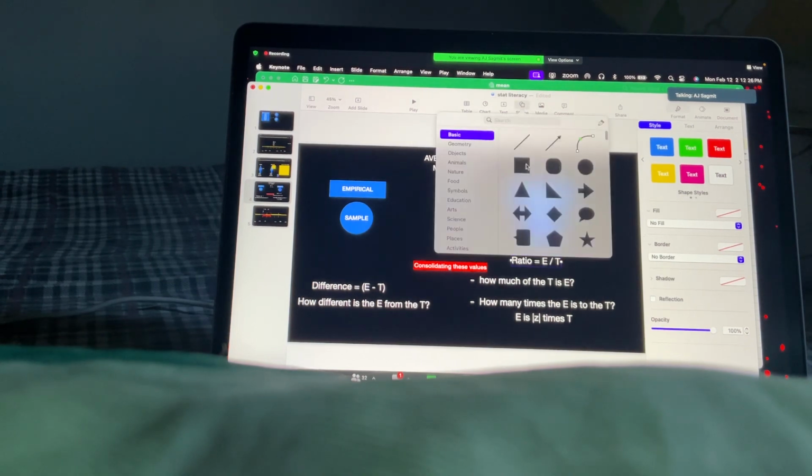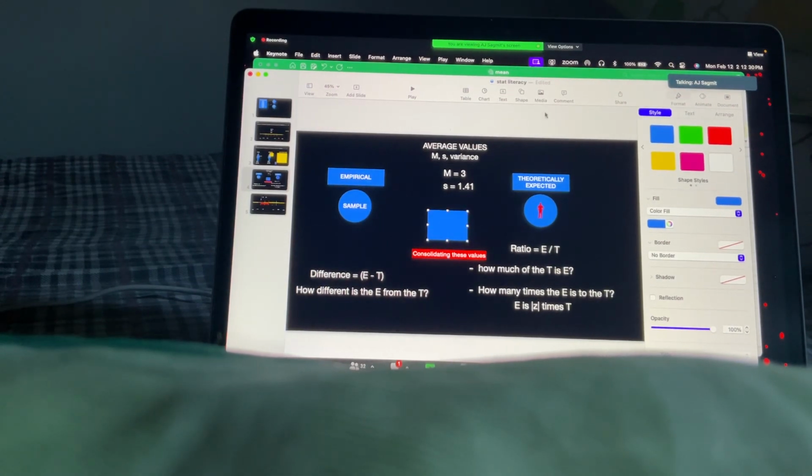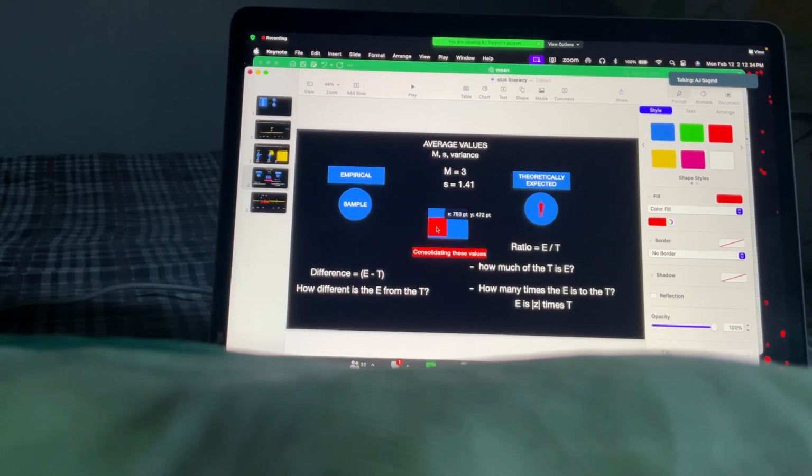Kumbaga, ito yung whole, this is your entire theoretical, and then this is your empirical. How much of this entire theoretical is equal to the empirical? Okay, ito yung ratio, E over T.